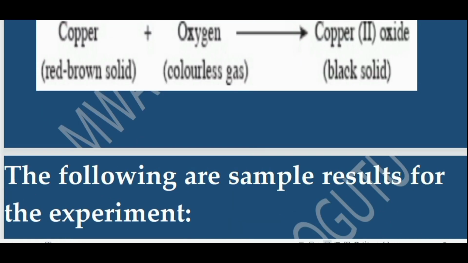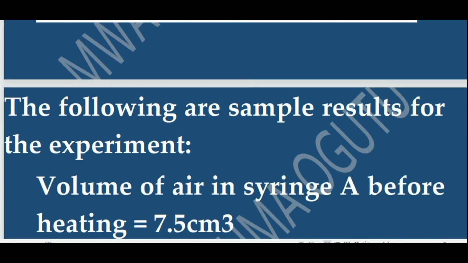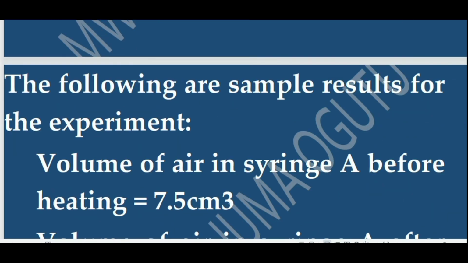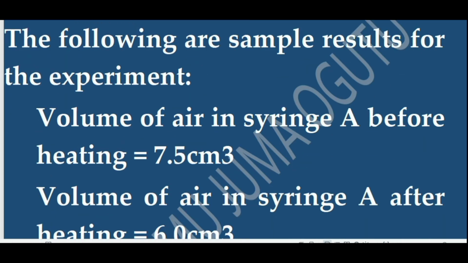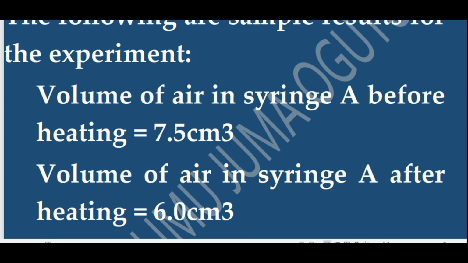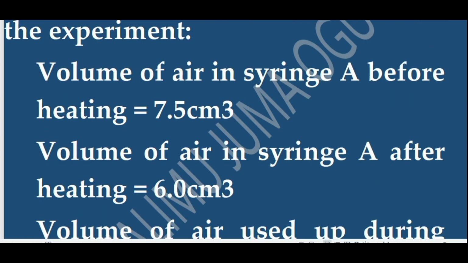The following are sample results for the experiment. The volume of air in syringe A before heating, a fixed volume, is 7.5 cubic centimeter. The volume of air in syringe A after heating is 6 cubic centimeter.